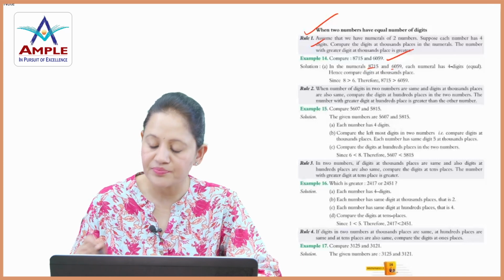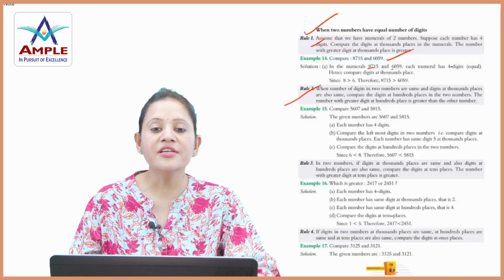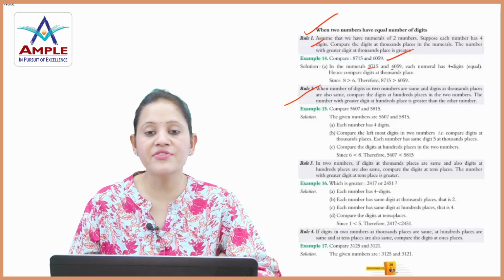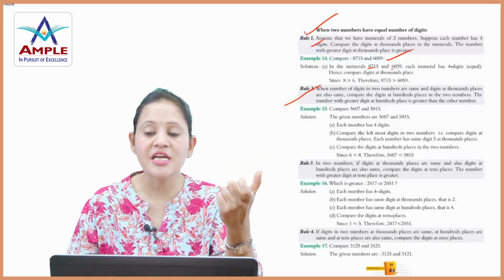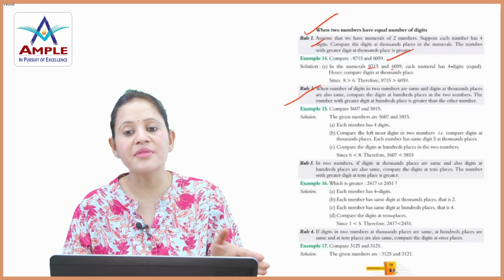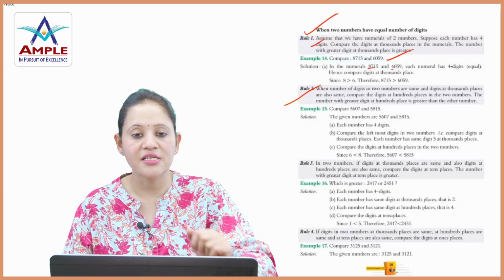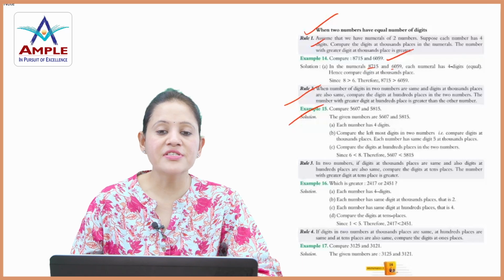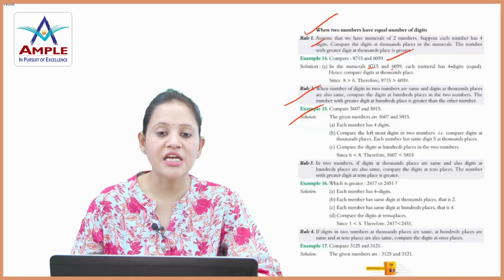Next, rule number 2. When the number of digits in two numbers is the same and the digits at the 1000 place are the same, then we will compare the digit at the 100 place. For example, compare 5607 and 5815.